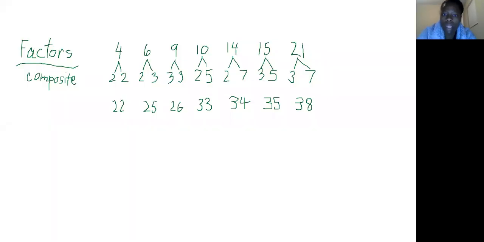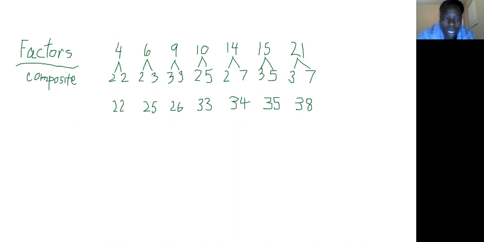We are going to go ahead and look at those factors. Okay, so let's take a look at our factors, which are numbers that multiply to give us a product.